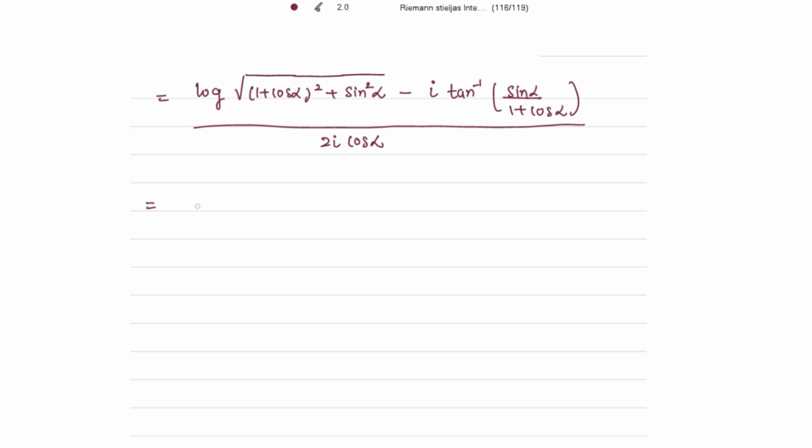So the next step, I'm writing this as it is: 1 plus cos alpha whole square plus sine square alpha. There is no need to solve this, we don't need iota here. Can I write sine of alpha as 2 sine alpha by 2 cos of alpha by 2?